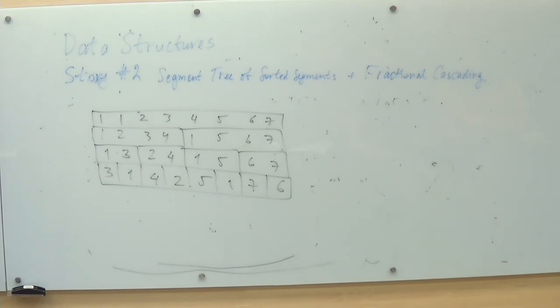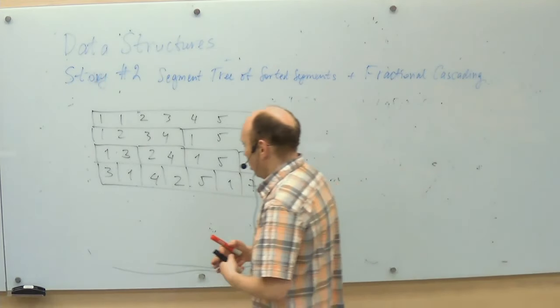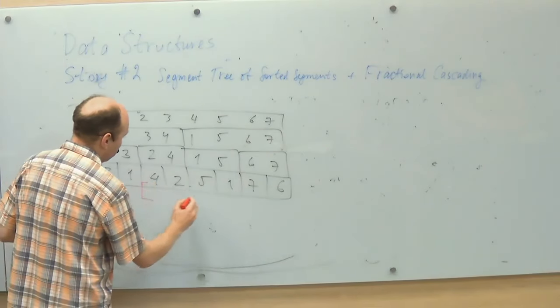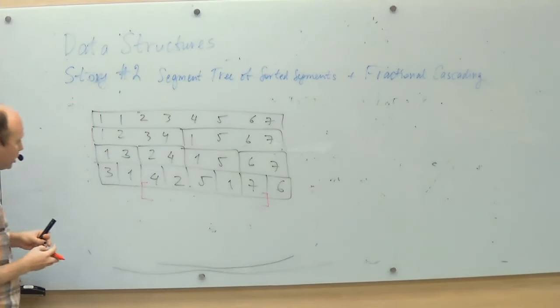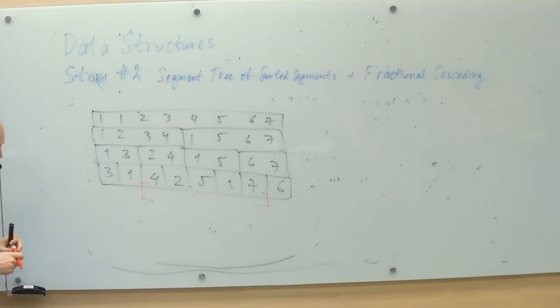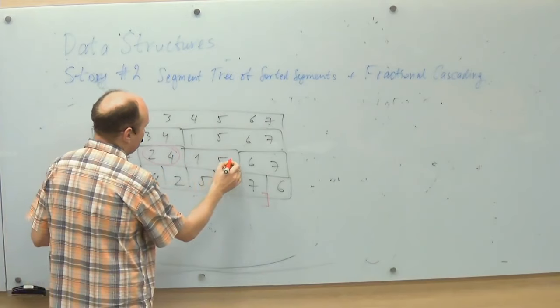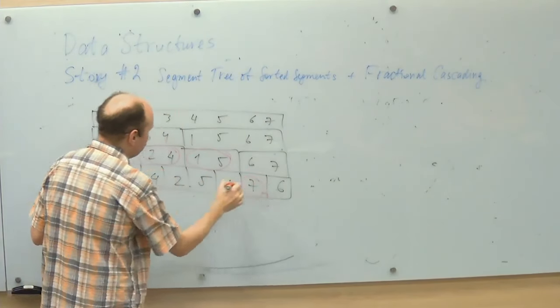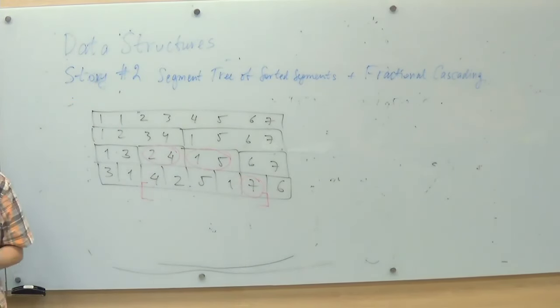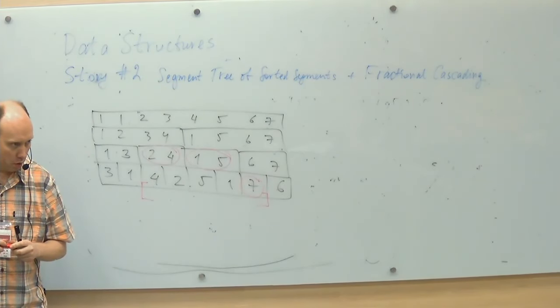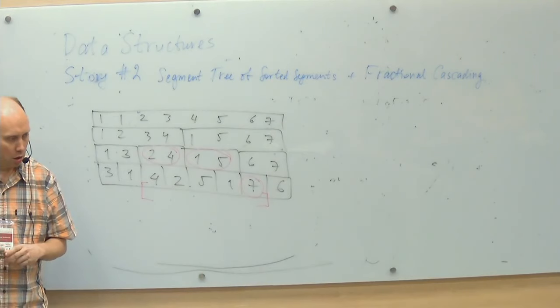That is sometimes called a merge sort tree. If you want to process some segment in it, you can take a couple of segments that constitute that segment. So you will always have a logarithmic number of segments, and all of them are sorted. So you can make some queries on them.